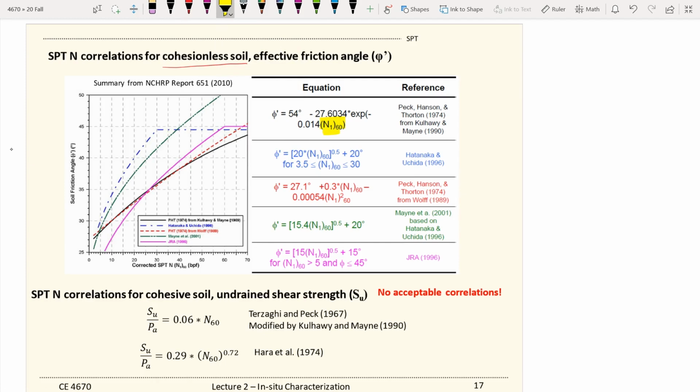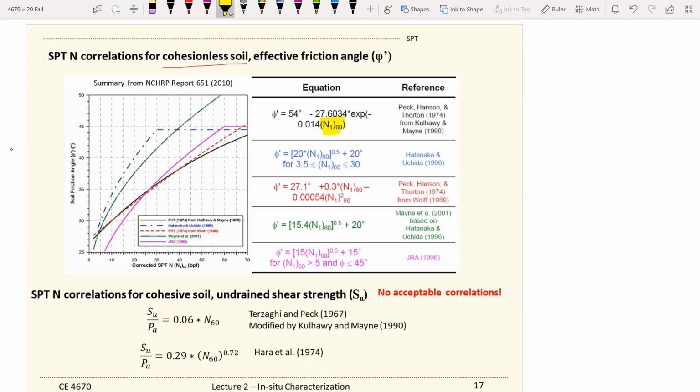In many cases, not the raw one. Very likely it is the N60. So make sure, because all those equations were established with a database with data from all over the world, across the time history of a couple of decades.